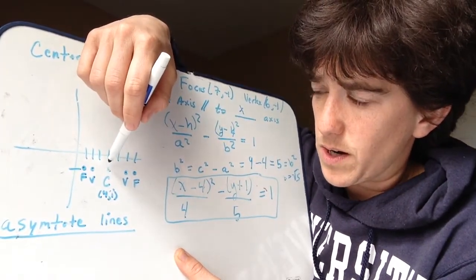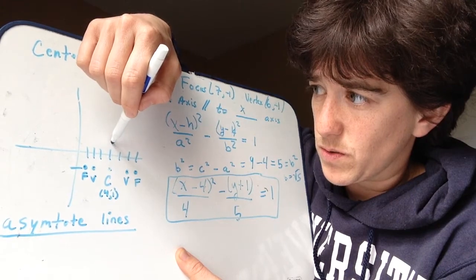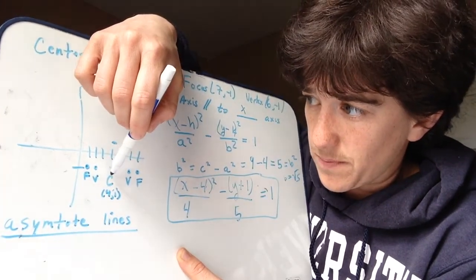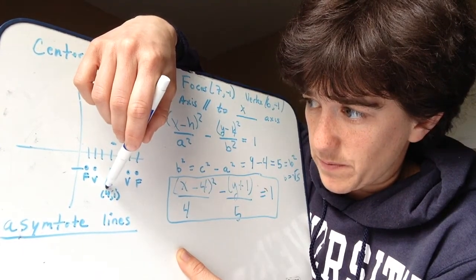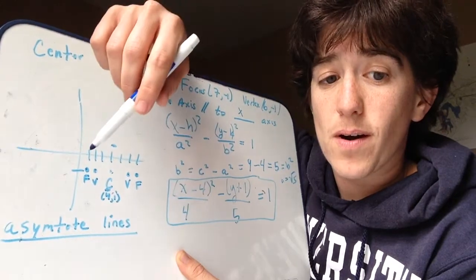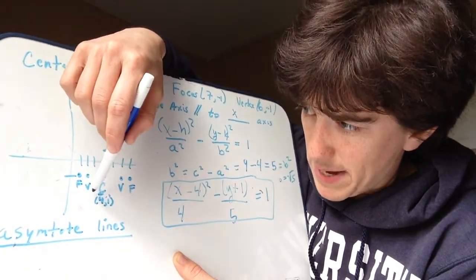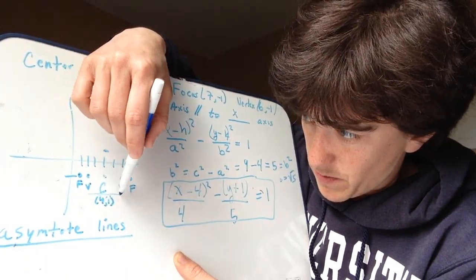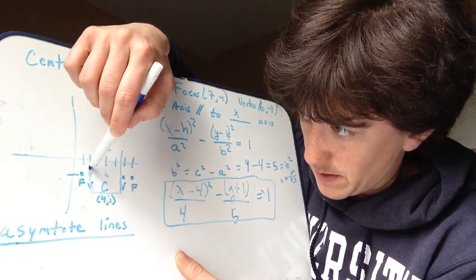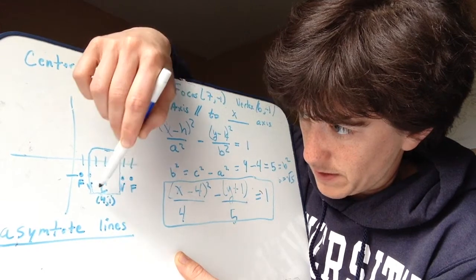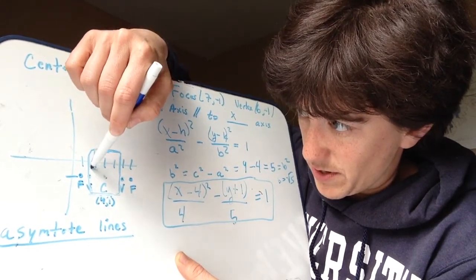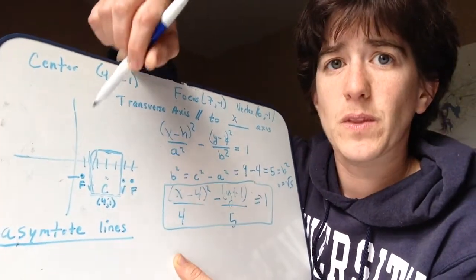So if I go up, I'm going to go up the square root of 5, and I'm going to go down the square root of 5, approximately. Work with me on that, okay? And now I can draw, I'm going to draw a little box here. This box is going to go as such, right near my vertex, okay? This is like showing where my branches are not going to end up, okay?